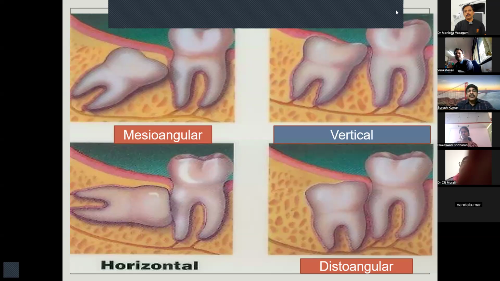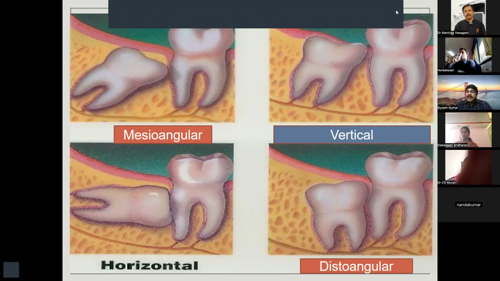If the angle is more than 35 degrees, then you should mention it as horizontal. This is a very clear explanation given in the textbooks. It's not my classification. It's already there in the textbook. So we don't have to get confused between mesioangular and horizontal.